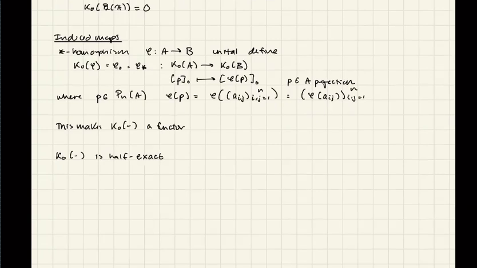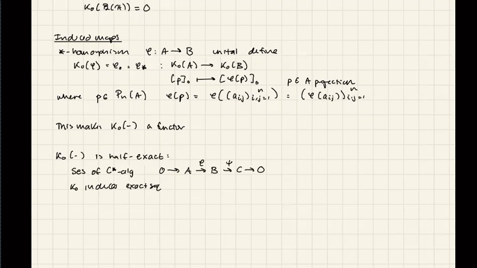So what that means is if I have a short exact sequence of C-star algebras, A, B, C, then we get that K0 induces the exact sequence. Let's give these names.